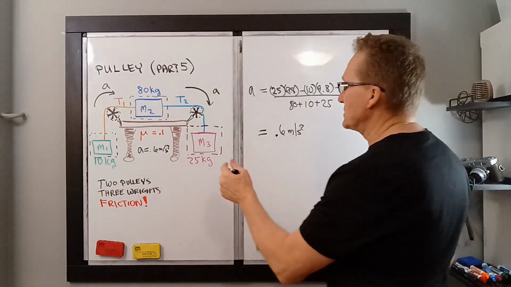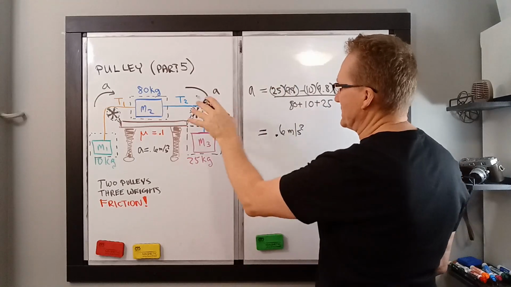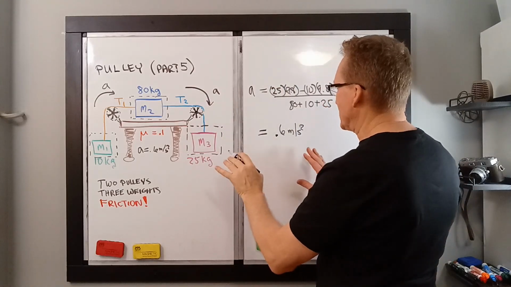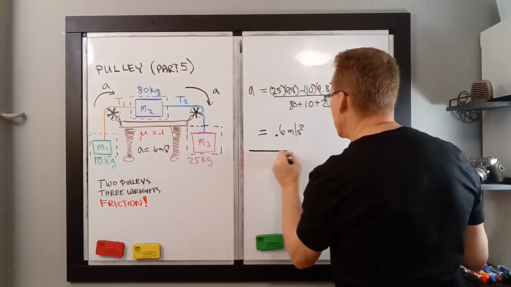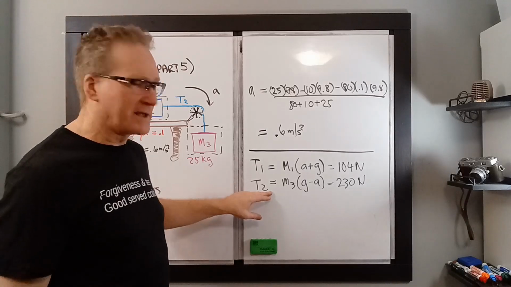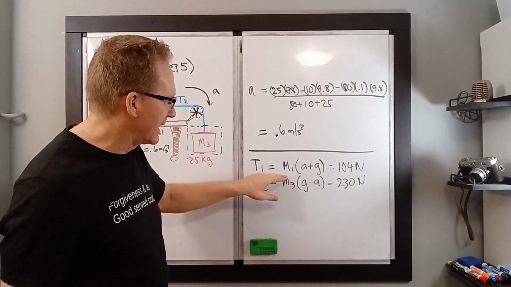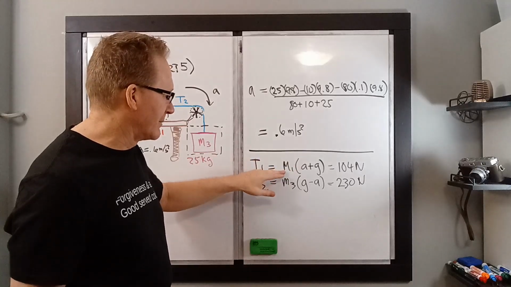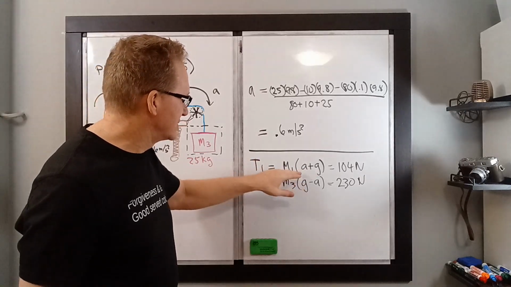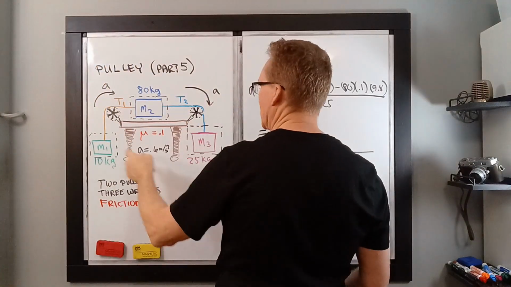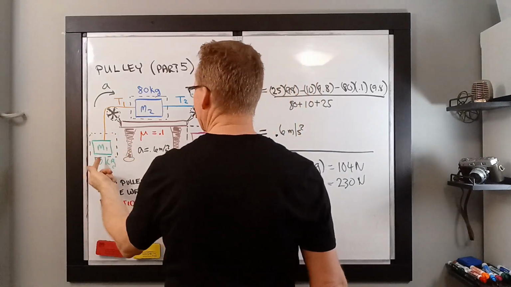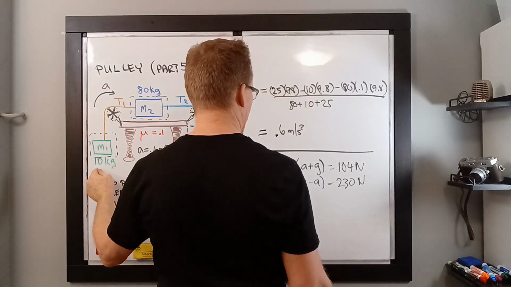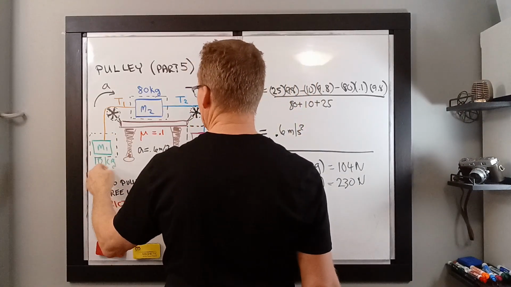Now, how do you find the tensions? Well, we had previous equations for the tensions. I've erased some of those, but I can write them back up here in 2 seconds. Here's the equations that I had before, just combined here. You can go back and check the equations as well. M1 times A plus G. So the tension here is going to be this, since this is rising upward, it's going to be more than just simply this mass times gravity.